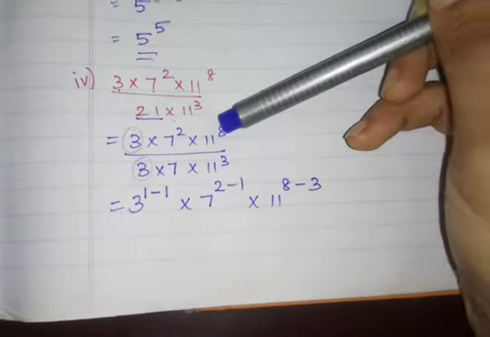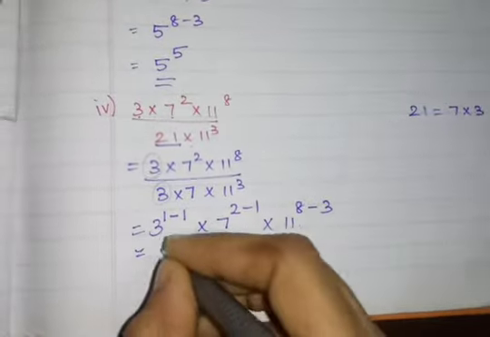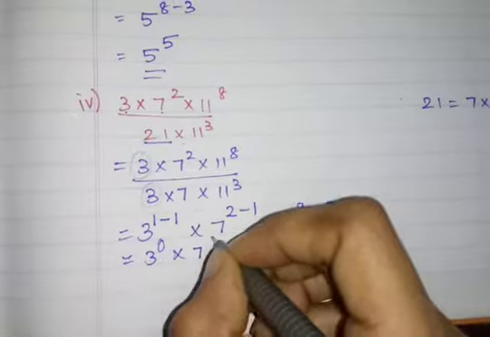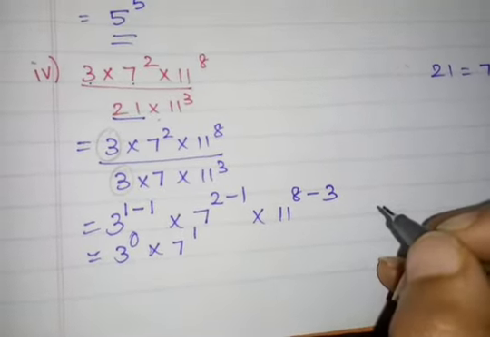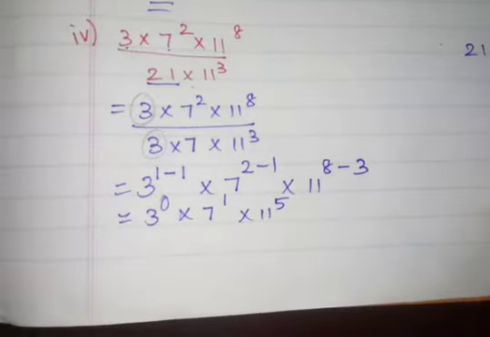Now 3 power 1 minus 1 is 0, into 7 power 1, since 2 minus 1 is 1, into 11 power 8 minus 3 is 5.